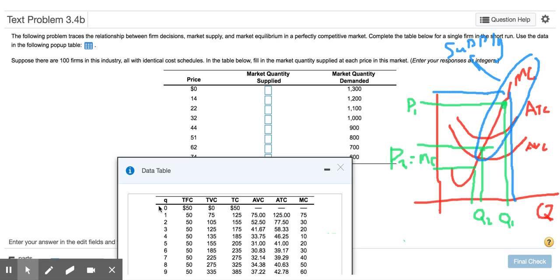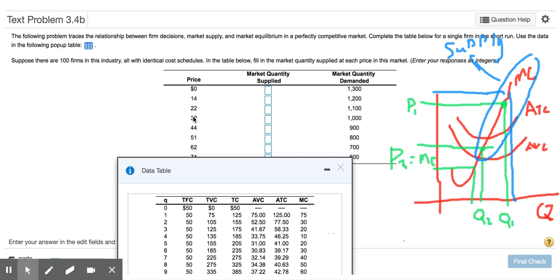Remember that this is the cost table for a given firm, but we have 100 identical firms. So whatever quantity we get in here, we should multiply that quantity by 100 to get the market quantity supplied.